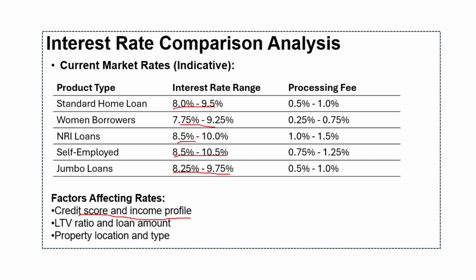LTV ratios, where lower leverage improves pricing, and property characteristics including location, type and age. Basically all these can impact. Understanding these pricing dynamics helps both borrowers optimize their applications and professionals provide accurate cost guidance. So these are some interest rate comparison analysis.